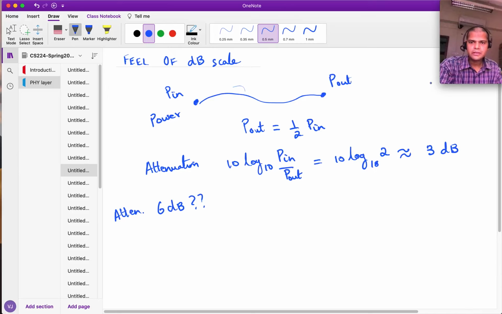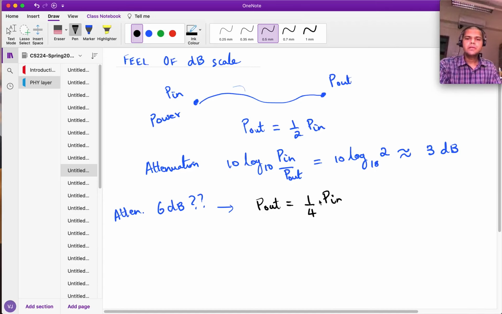We decrease by another half when we get another 3 dB attenuation. Okay. So this corresponds to 1 over 4 of the input power. It's 3 dB followed by another 3 dB.